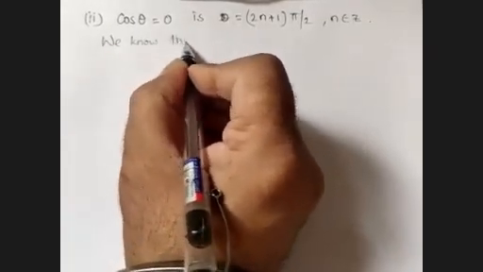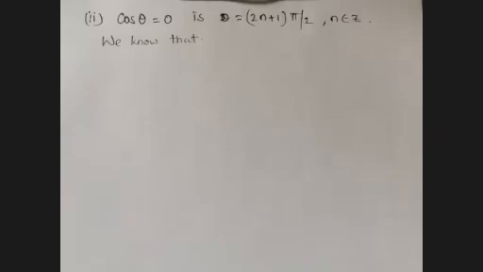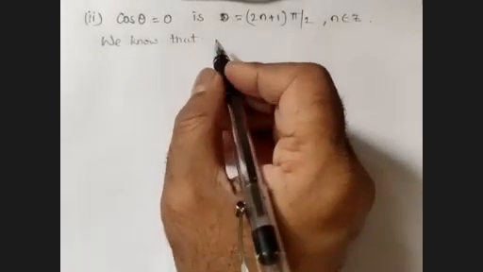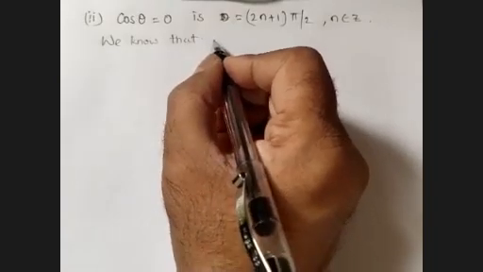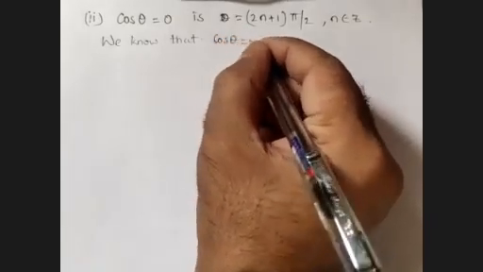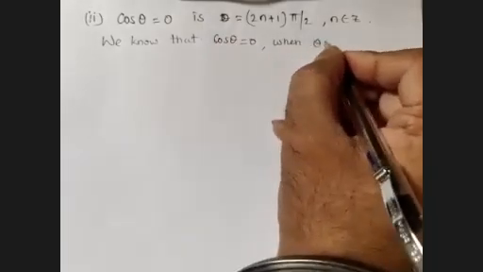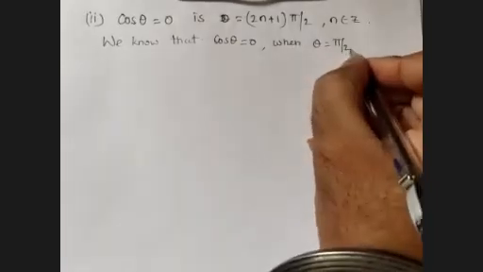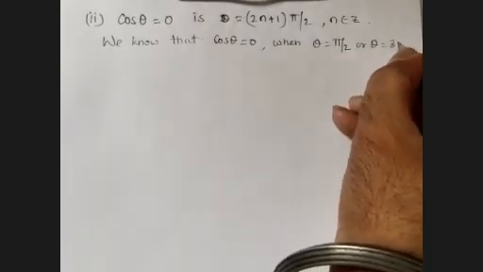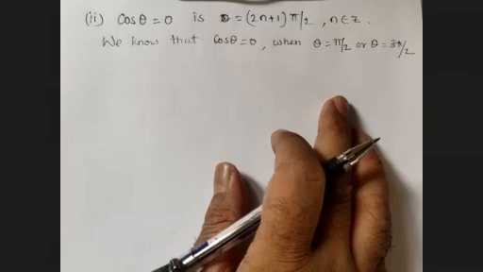As we know that cos theta is equal to 0 when theta is equal to 90, pi by 2, or theta is equal to 3 pi by 2, that means 270.